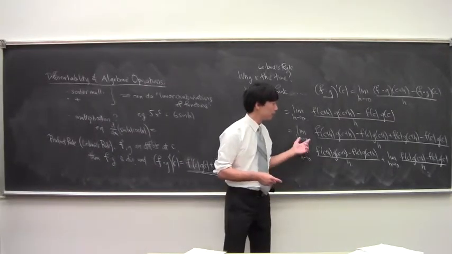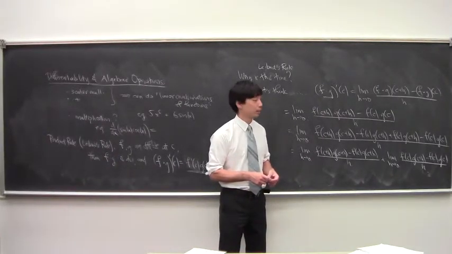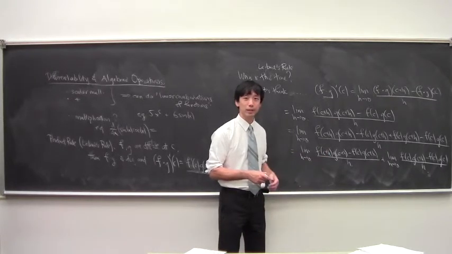Here we're using the fact that a limit of the sums is the sum of the limits, as long as the limits exist, and we'll see in a second that they do exist.